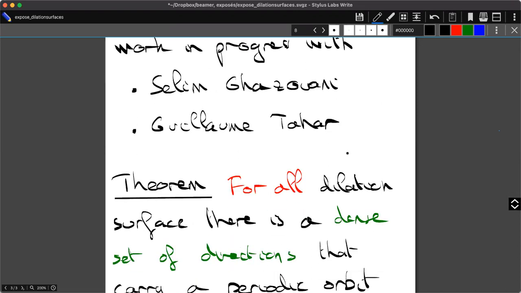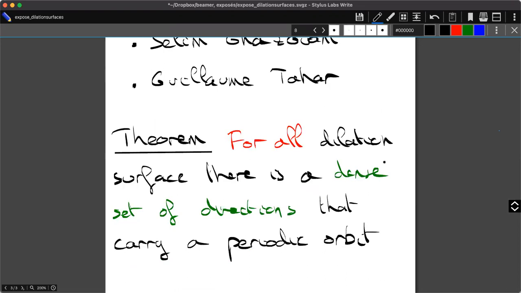And so the theorem that we think we have a proof for is that for all dilation surfaces there is a dense set of directions that carry a periodic orbit. So you have to think of this torus.